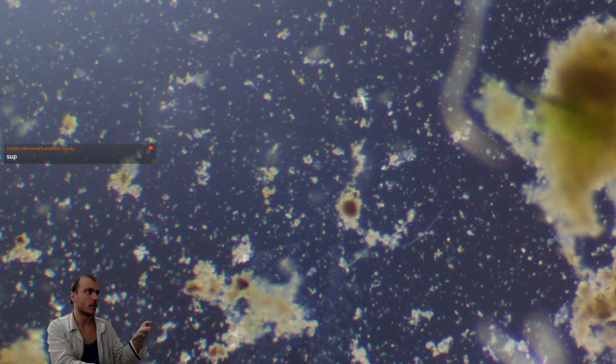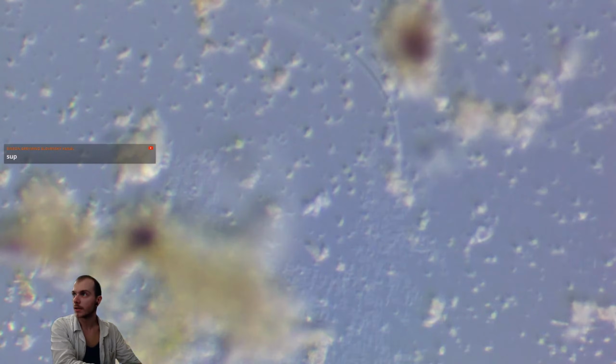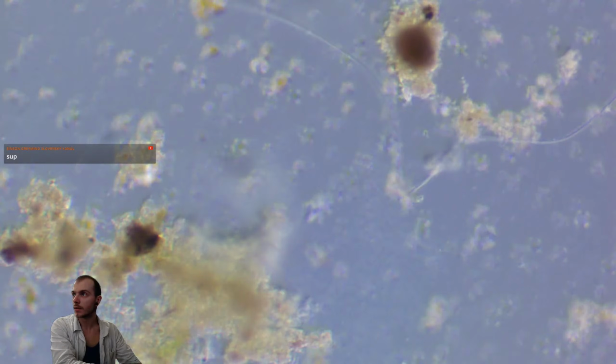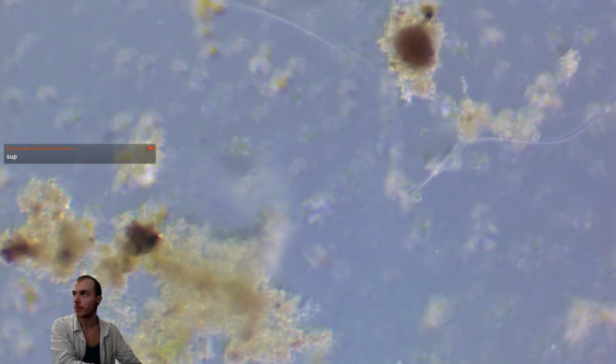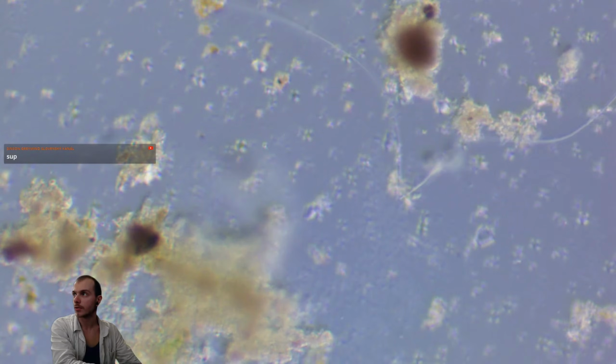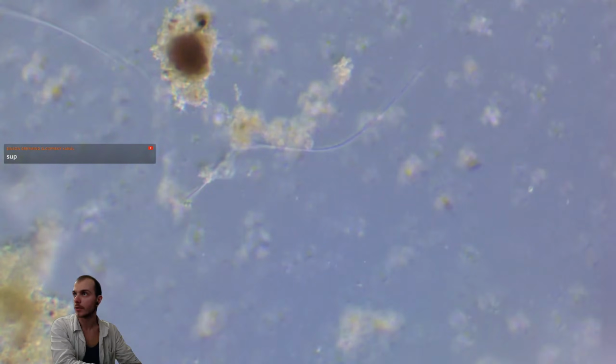And here it looks again like cyanobacteria colony. This can be also other bacterial colony.